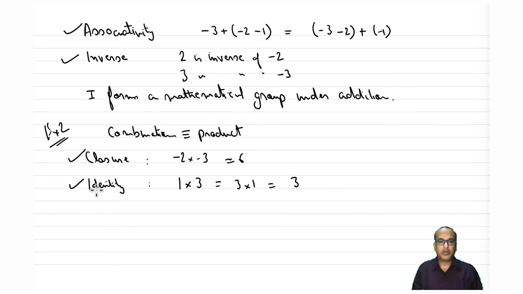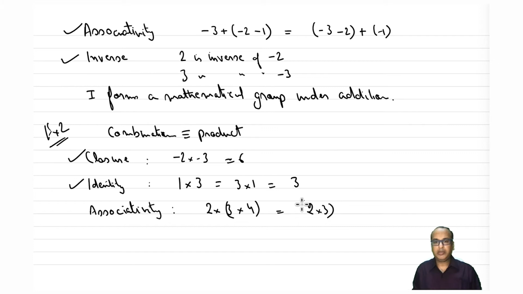So identity also holds. Now associativity. Does it hold? Let's see. Associativity means (2 x 3) x 4 is equal to 2 x (3 x 4). So that should also work. Associativity holds.